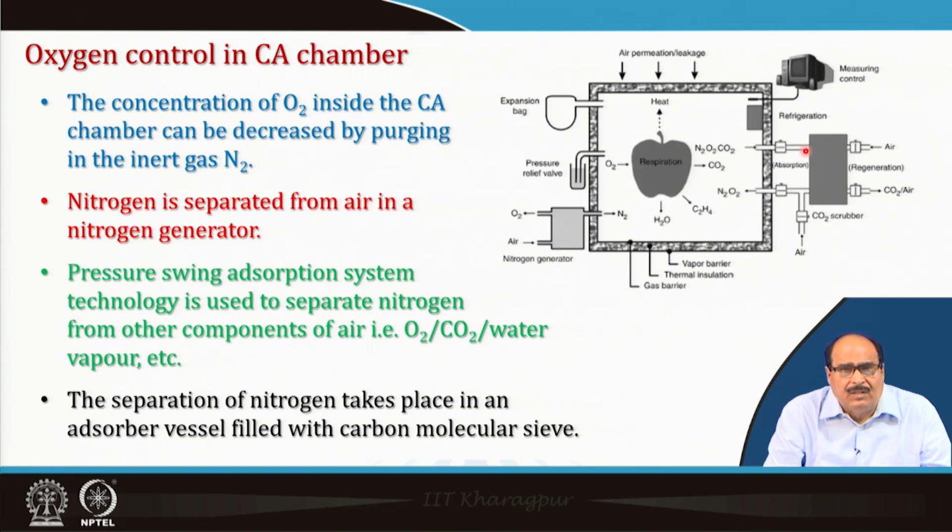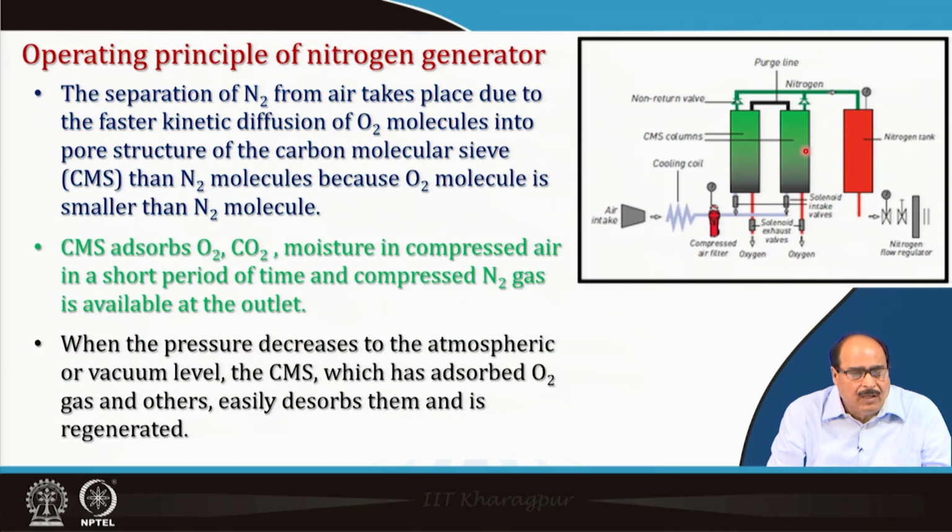Nitrogen is separated from air in a nitrogen generator. Pressure swing adsorption technology is used to separate nitrogen from the components of air, that is a mixture of O2, CO2, water vapor, etc. The separation takes place in an adsorber vessel filled with carbon molecular sieve, commonly known as CMS.